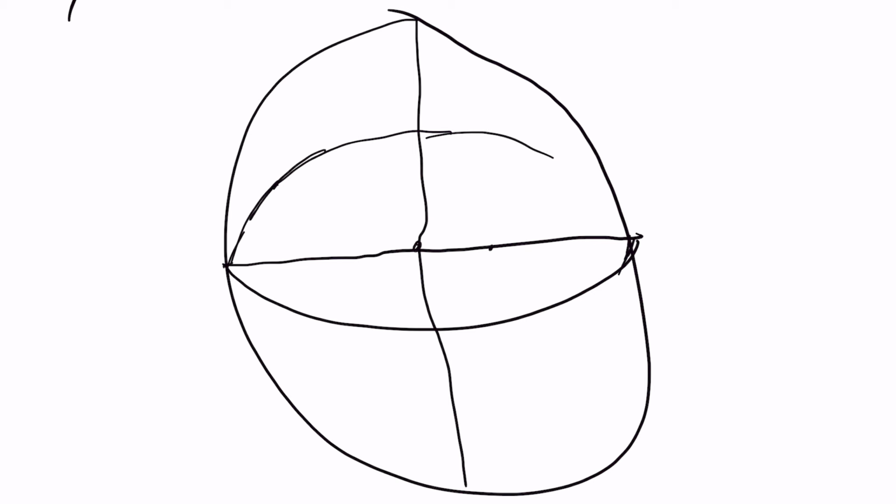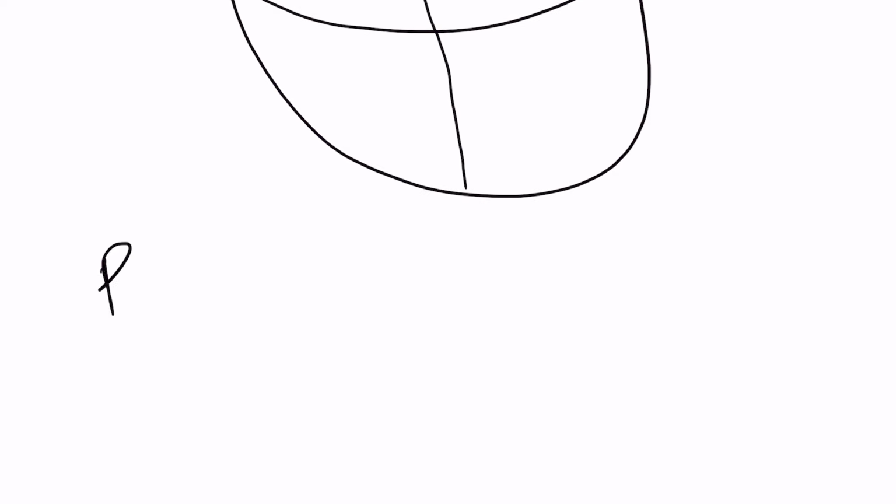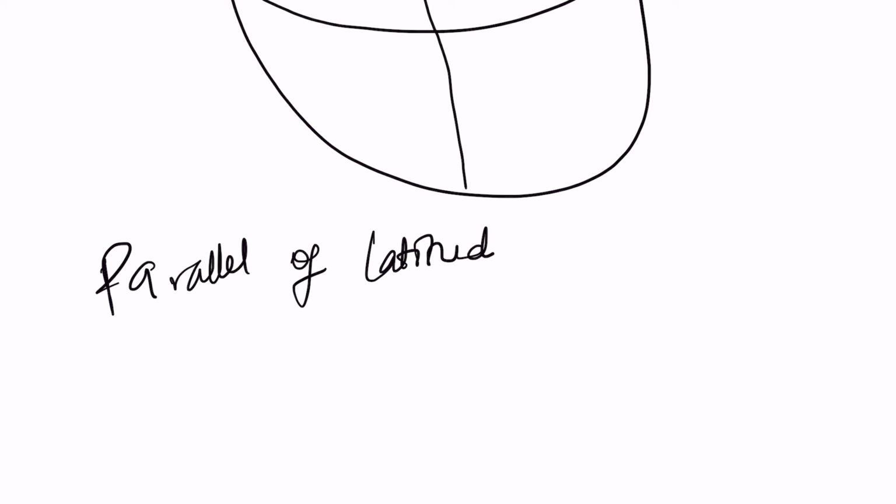So at 32 degrees north, we have the parallel of latitude to be 32 degrees north.